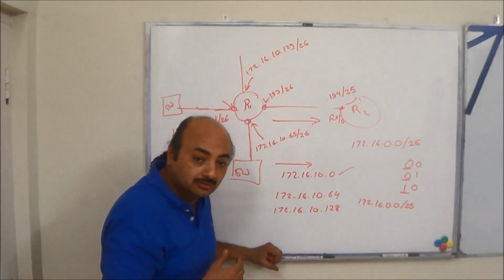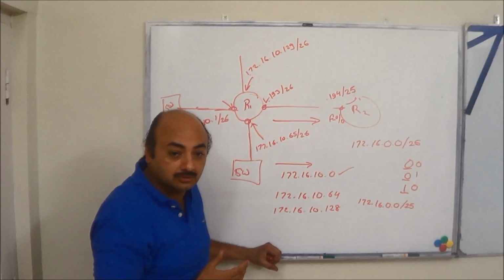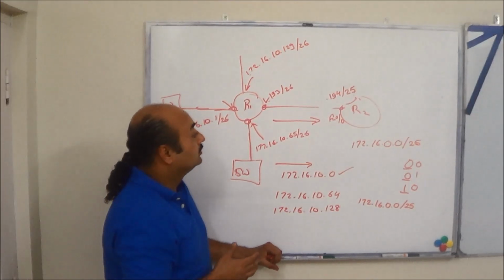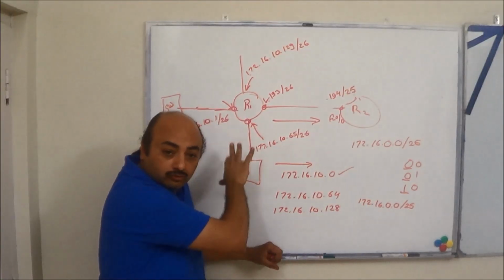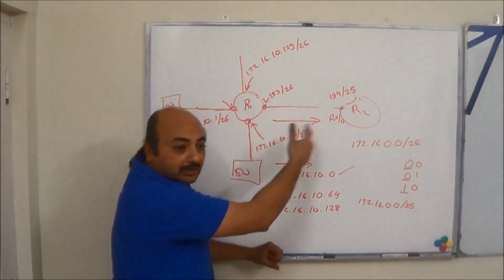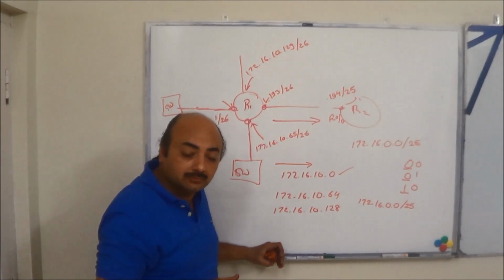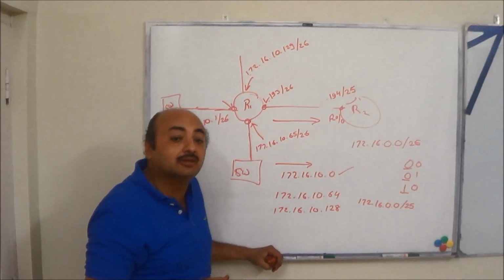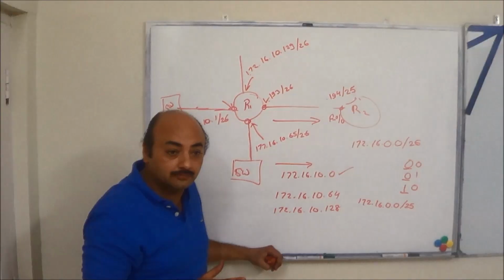Its own subnet mask information. Up till now we were using VLSM, variable length subnet mask, for assigning the IP address to the interfaces. What we were saying till now was that RIP version 1 does not support VLSM.